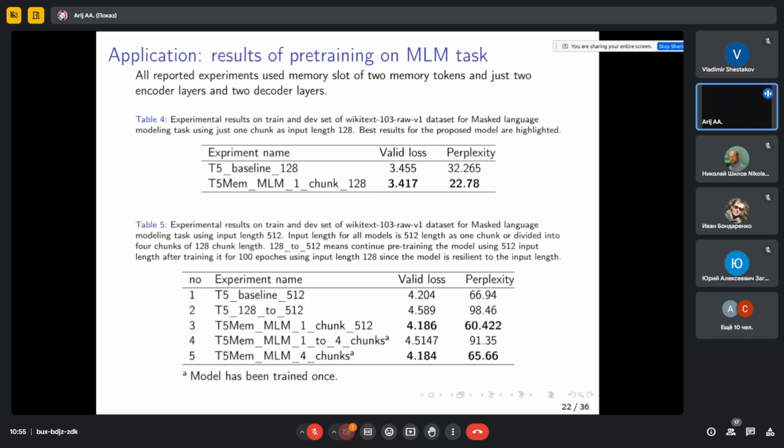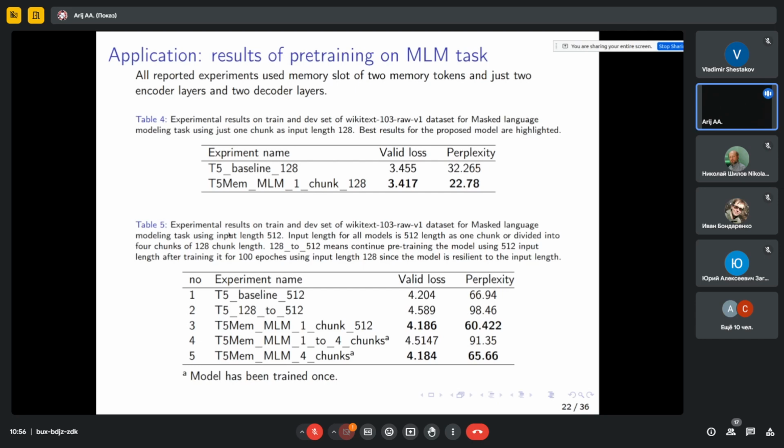As we can see from table 4, the proposed model gives us better perplexity, even though we are using just one chunk with 128 length. From this table, we can conclude that the memory slot has an important role in getting a better chunk token representation that led to better model performance.